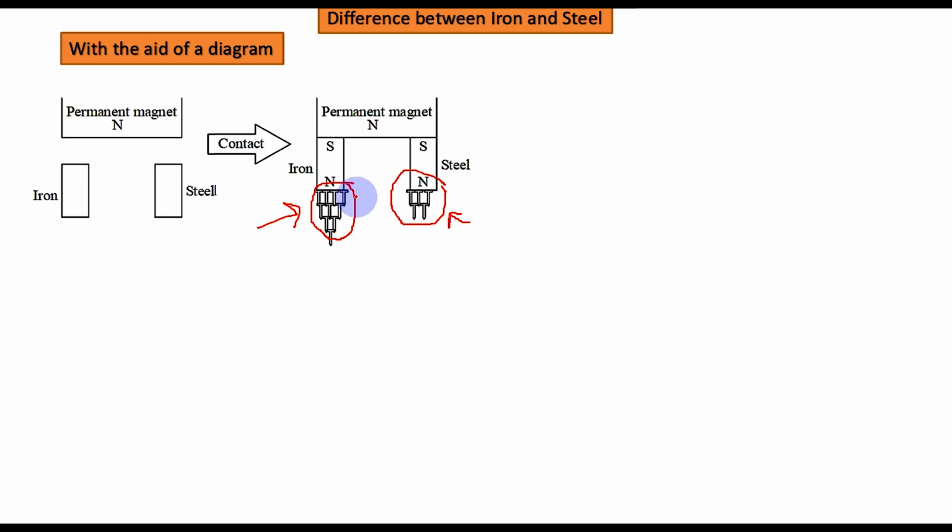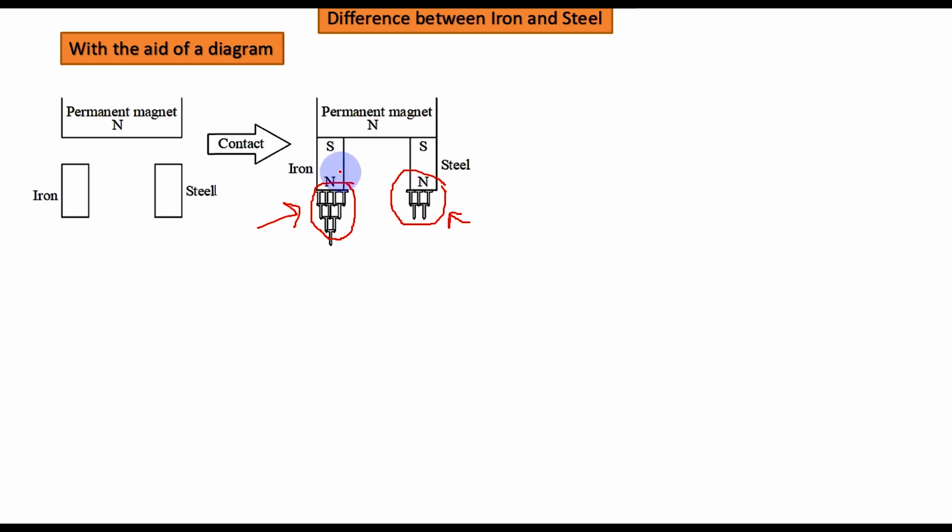The reason is that iron becomes very strong immediately you attach it to a magnet. But steel becomes weak because it takes time for it to gain the ability to attract. No wonder it has just attracted a few nails.